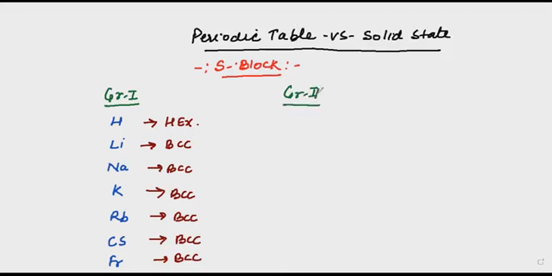Clear? We are talking about the second group, the 2A group elements. We write in numerals, this is the first group and that one is the second. Now we are coming to the next one. We know that the first one is beryllium.